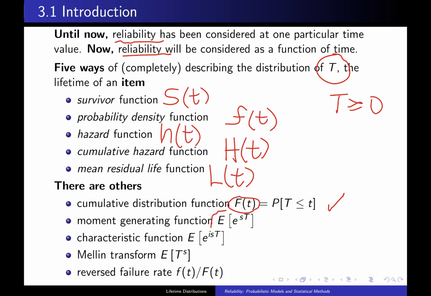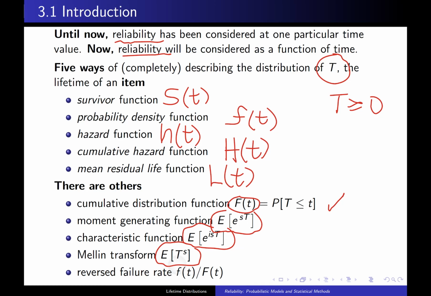Another is the moment generating function, which is the expected value of e to the st power. Next one is the characteristic function, and that is expected value of e to the ist power. Then there is the Mellin transform, which is the expected value of t raised to the s power.